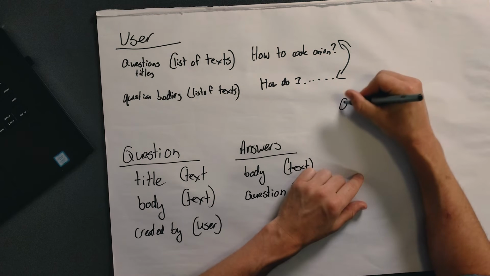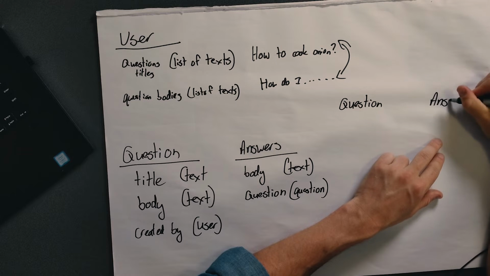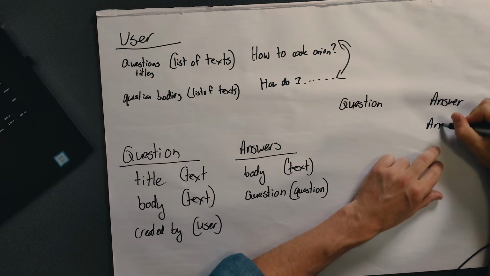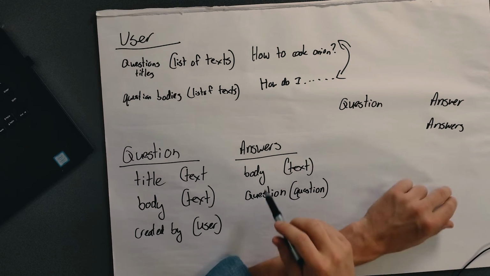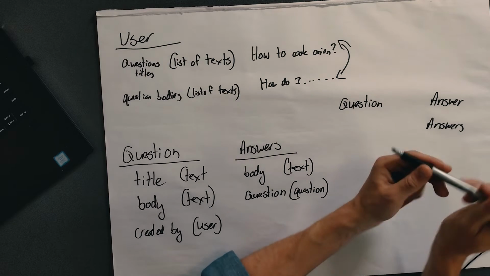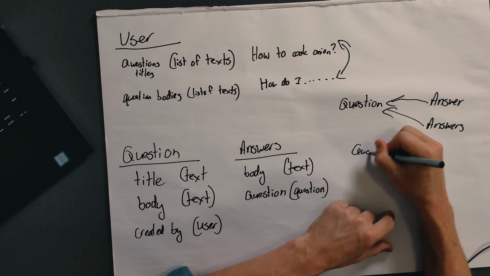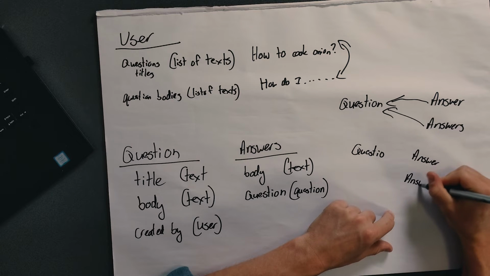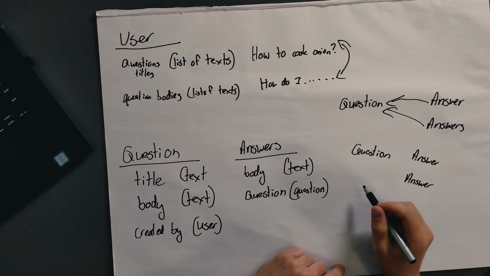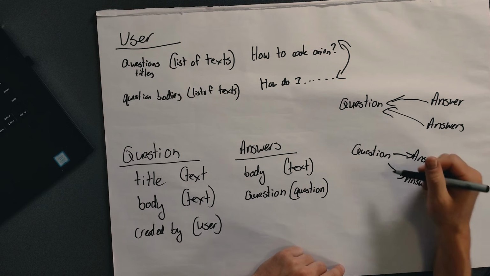Okay, and there's really two ways you can go about this. If you have, let's say, a question and an answer, or rather you have multiple answers, is it better for you to have a field on the answer which points back to the question, like this, or is it better instead to have a field on the question which points to the answers, a list of answers on the question?